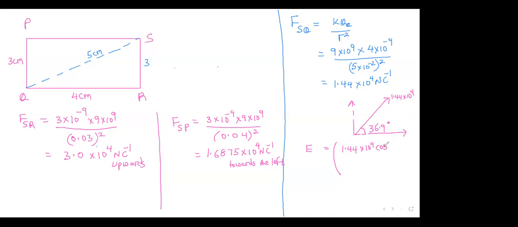And that one will be sine. So we end up with 1.15 exponent 4 and 8.64 exponent 3.